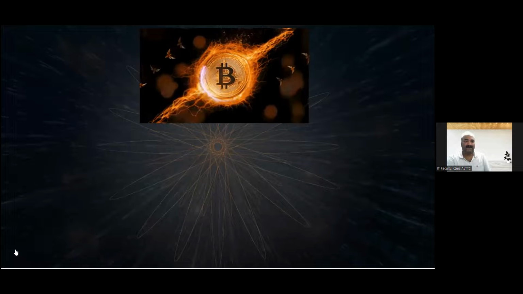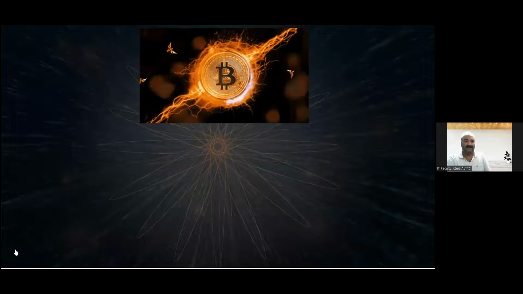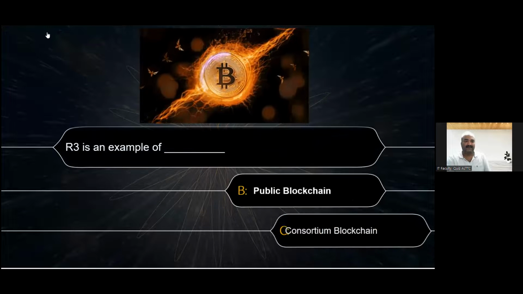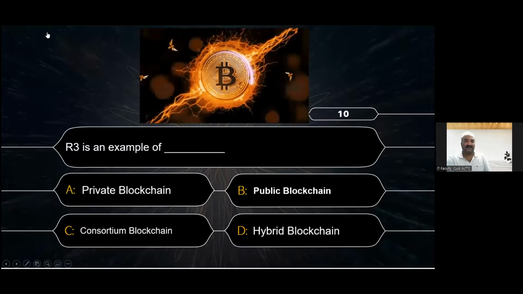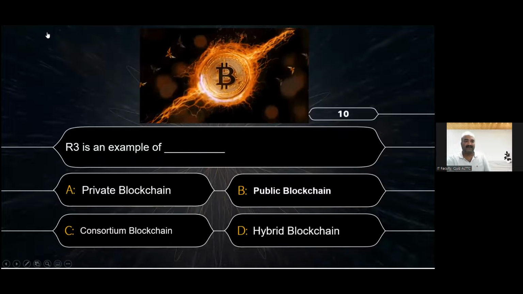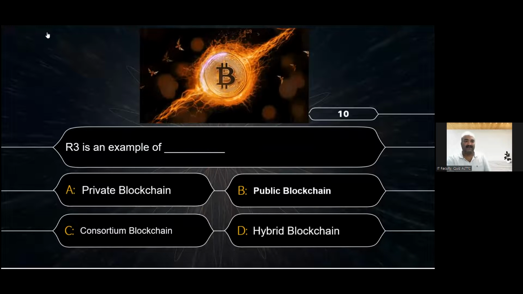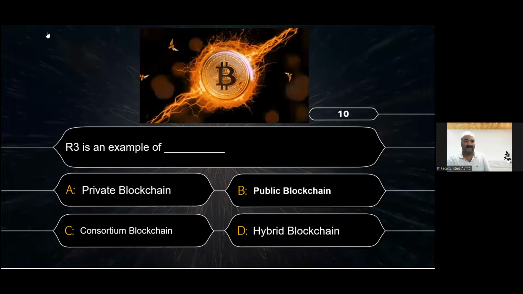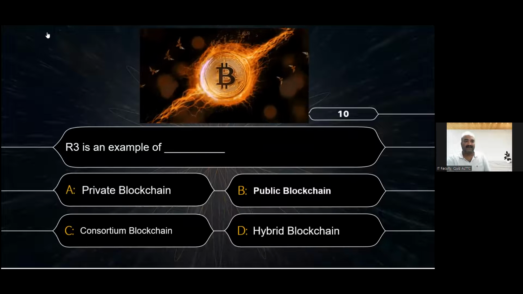Okay, so now moving on to the next question. Here the question is R3. R3 is an example of private blockchain, public blockchain, consortium blockchain, or is it hybrid blockchain? You have to put the answer.